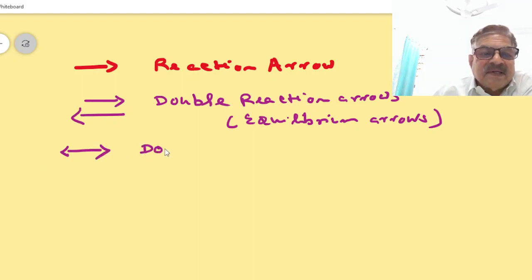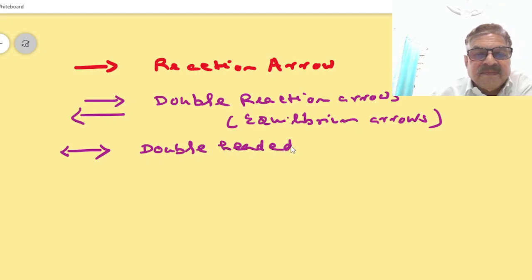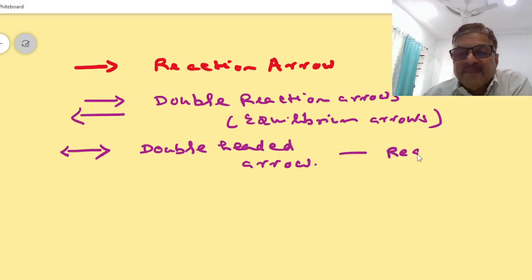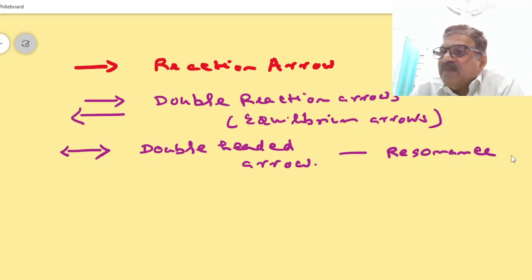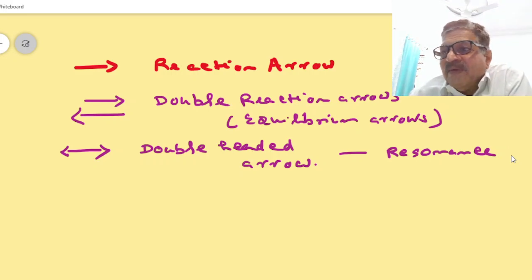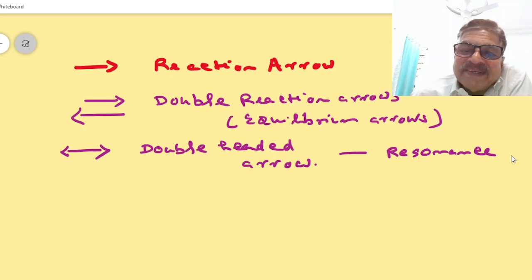This is used for resonance, drawn between resonance structures. The reaction arrow is drawn between the starting materials and the products in an equation. The double reaction arrow is an equilibrium arrow drawn between the starting materials and products in an equilibrium reaction. The double-headed arrow is drawn between resonance structures.